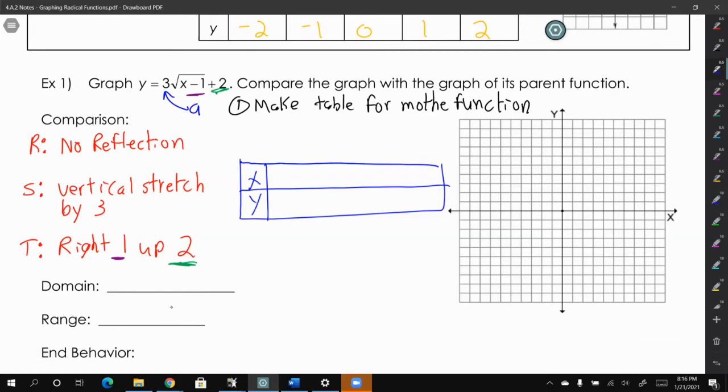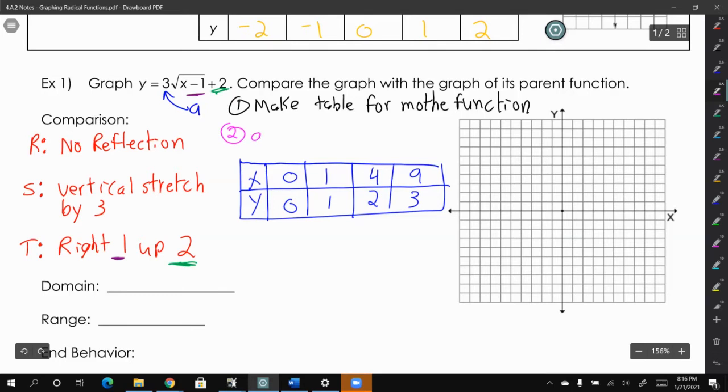And we're going to go with our mother function, which is 0, 0, 1, 1, 4, 2, 9, 3. The next step is you're going to add a row and multiply y values by our a value.